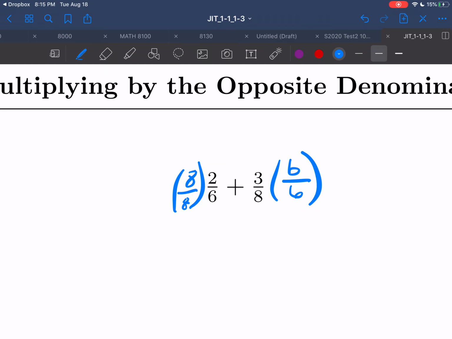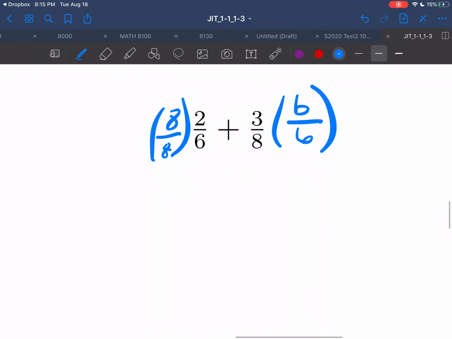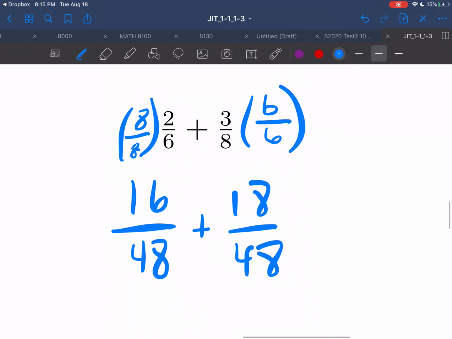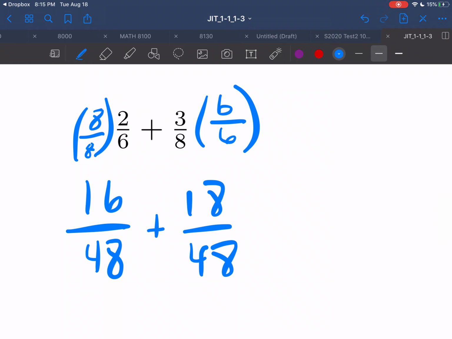Okay? Now, this gives us 16/48 plus 18/48. And you can already see what I mean by the numbers being larger. But it works out the same. So this would equal 16 plus 18 equals 34/48.